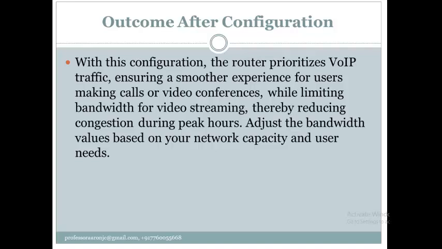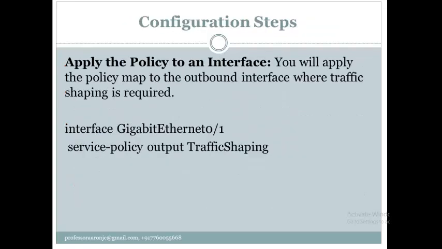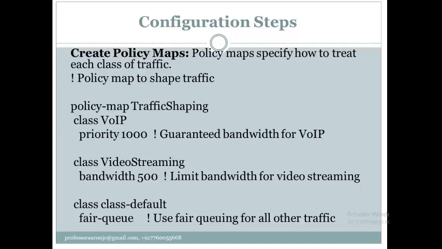Same. You see, in the policy map, instead of setting priority here, you are calling the class map, right? What is this VoIP? It's a class map which you created here. No, not the access list. What is the name of the class map? You are calling the class map, right?